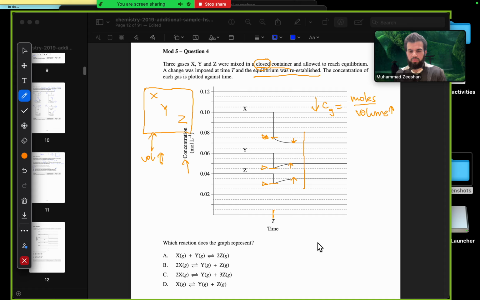So remember, the equilibrium being re-established after the time t change means the reaction is either moving to the right or moving to the left. Overall, that's what re-establishing equilibrium means. So this is equilibrium, and then this is where the system is at time t after the change. So it will try moving towards equilibrium or from the other direction.